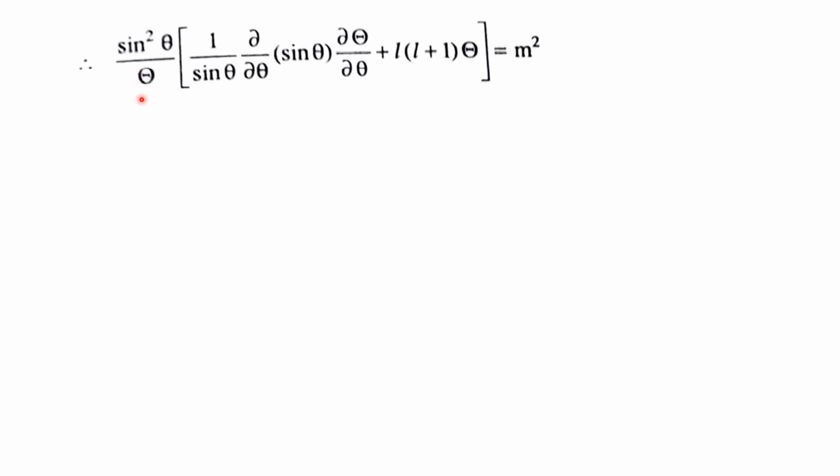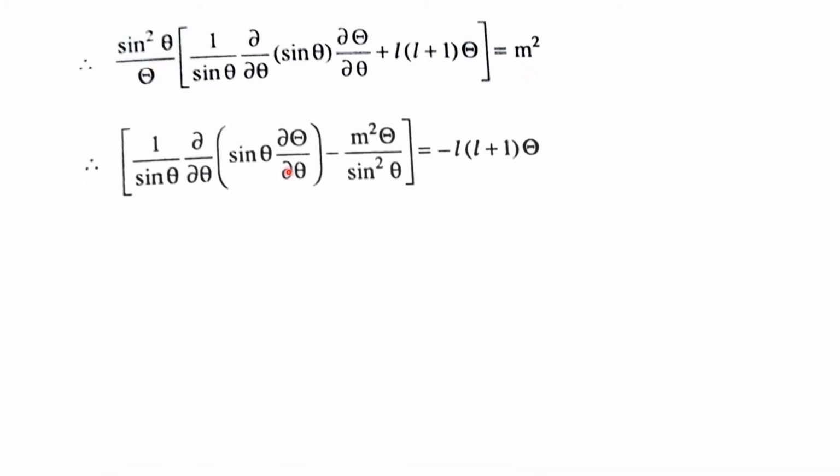Therefore, sine squared theta by theta into bracket 1 upon sine theta into del of theta into bracket sine theta into del theta by del theta plus l into l plus 1 theta. This side must be equal to m squared. Therefore, the term outside the bracket we take to the other side.